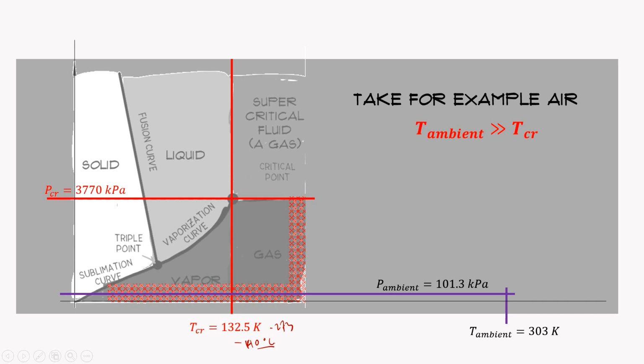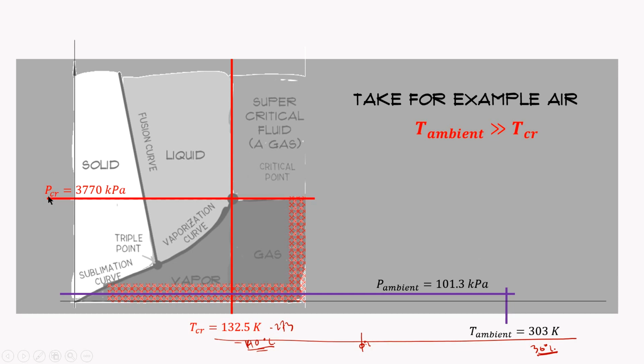That's the critical temperature of air. But the ambient temperature is around 30 degrees C, which is very far from negative 140 degrees. So at ambient conditions, we can consider air as an ideal gas.